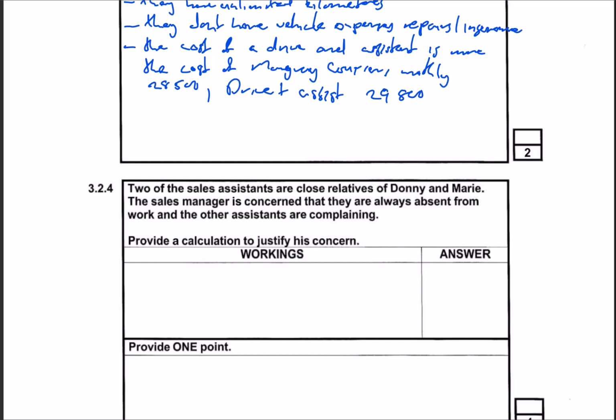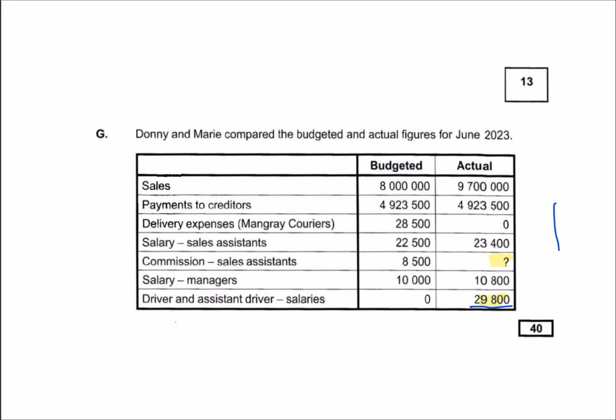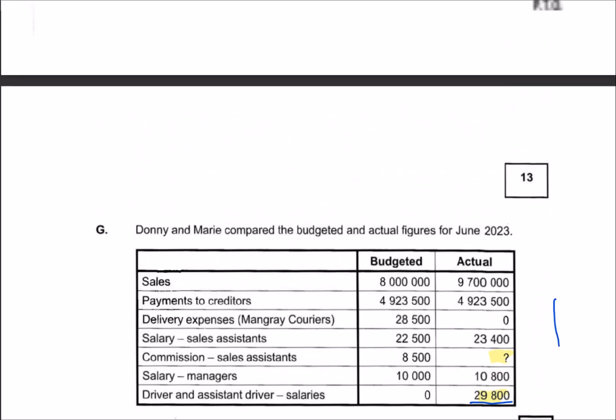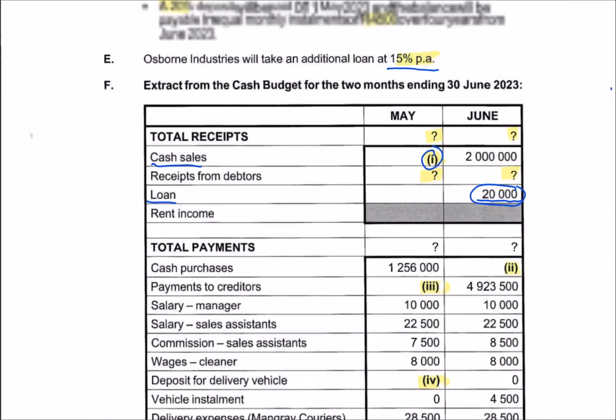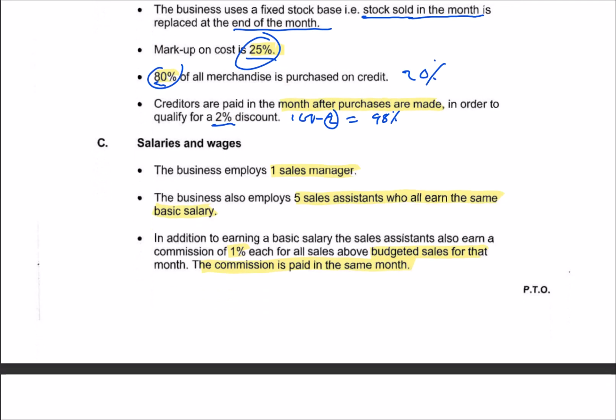If you look at this question, the question right at the top says the business employs 5 sales assistants who all earn the same basic salary. In addition to earning a basic salary, the sales assistants also earn a commission of 1% each on all sales above budgeted sales for that month.